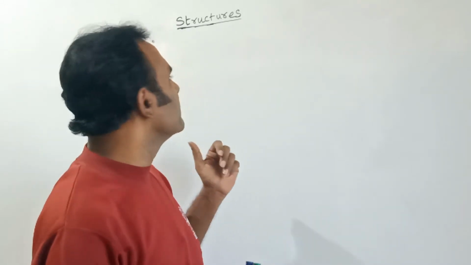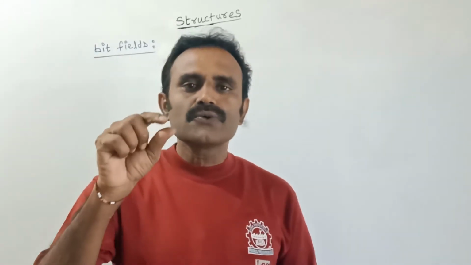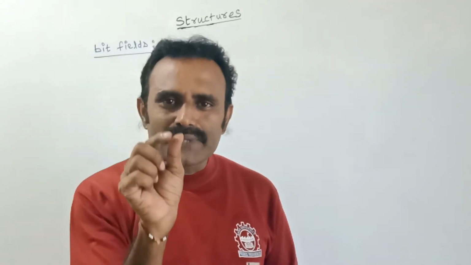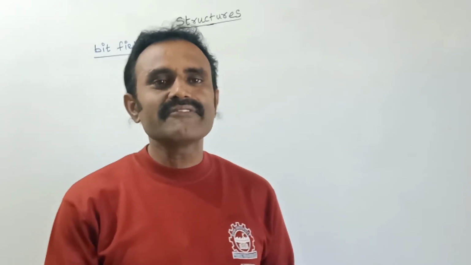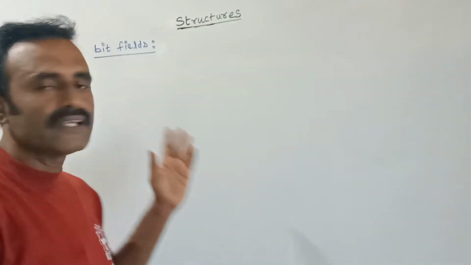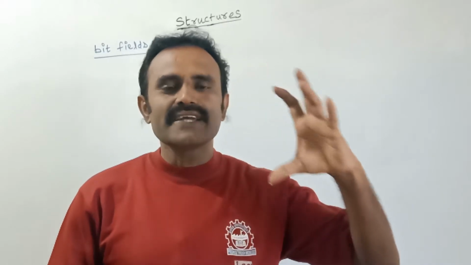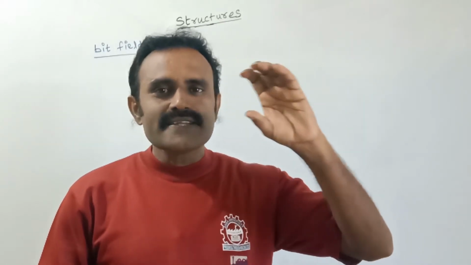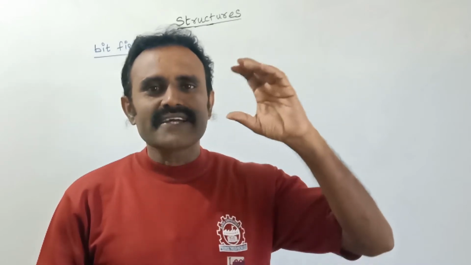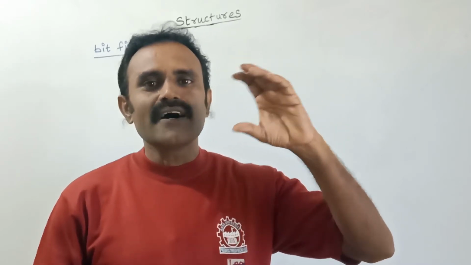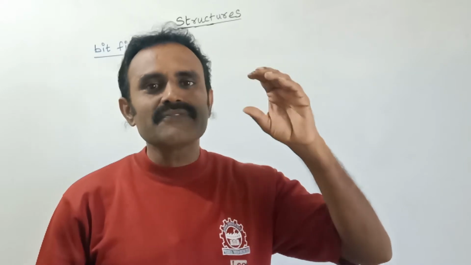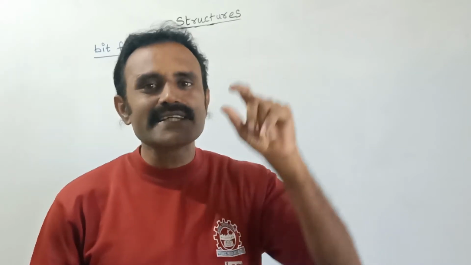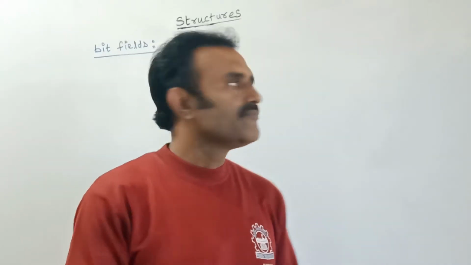Suppose we need to access the data bit-wise, then we can use this bit field. With the help of this feature we can declare the structure member inside the structure, and then we can access the memory, or align the memory for the structure members, bit-wise.